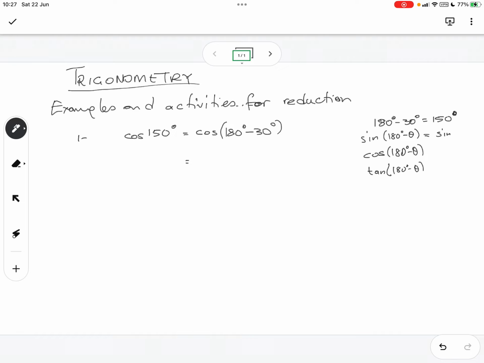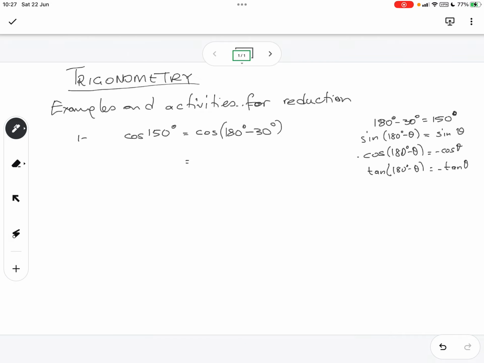It's sine theta. And cos of 180 degrees minus theta is in the second quadrant, so cos is negative, then negative cos theta. And the same applies for tan of 180 degrees minus theta.